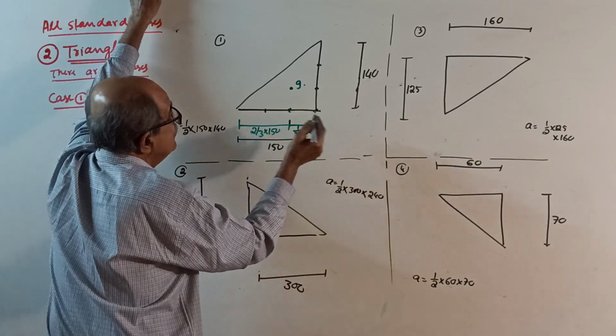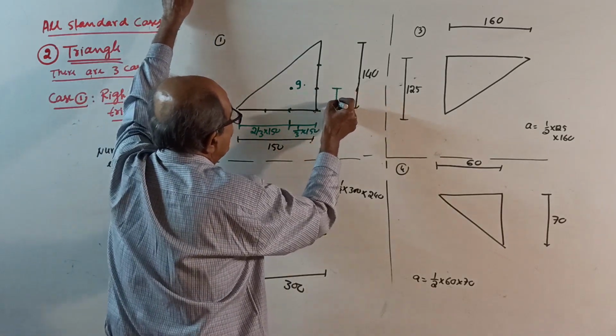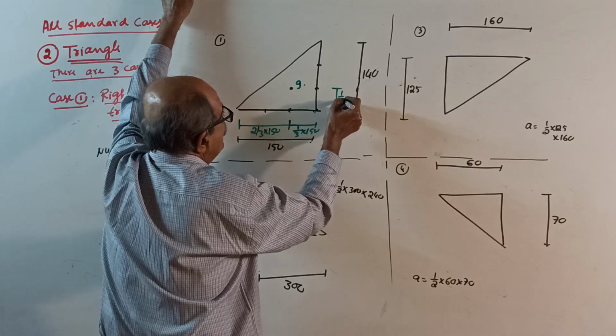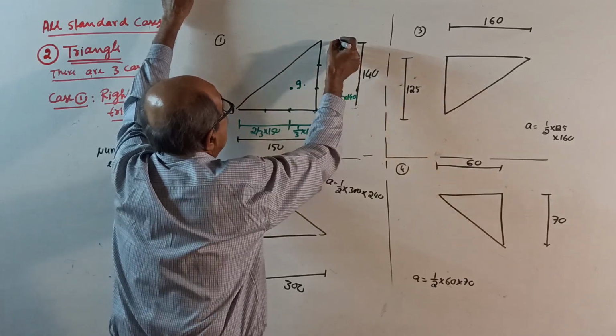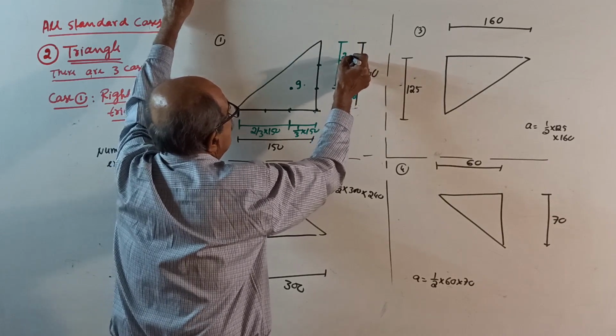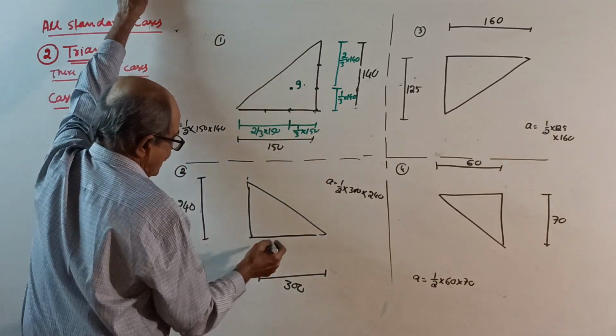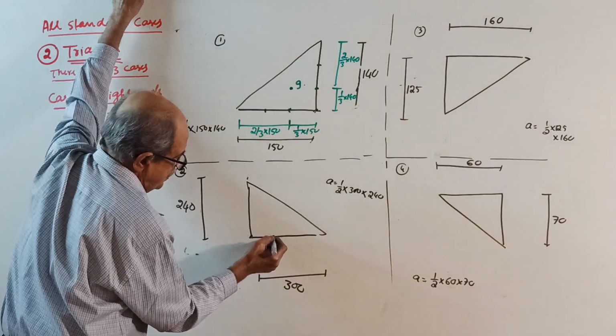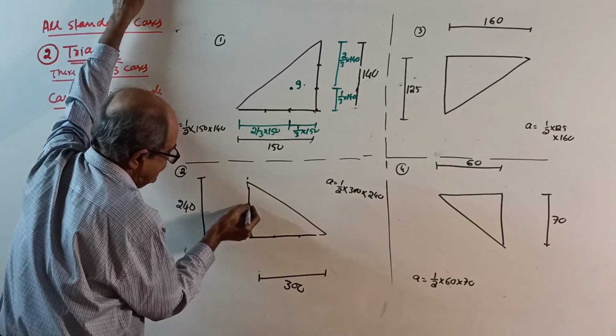If not visible, zoom and see. This one is 1/3 of 140, and this distance is 2/3 of 140. Here, 90 degrees. 3 parts, 3 parts.